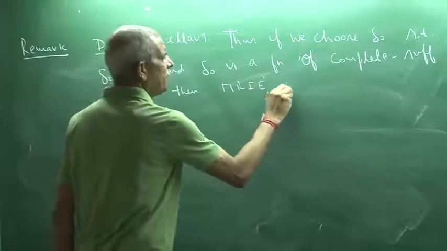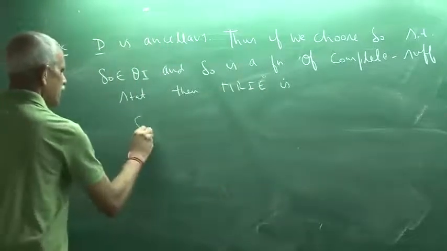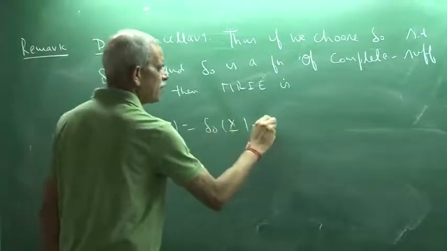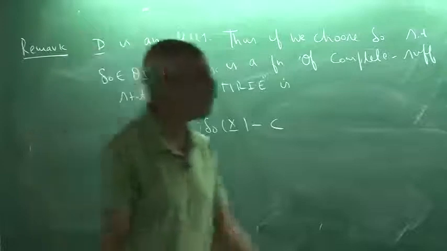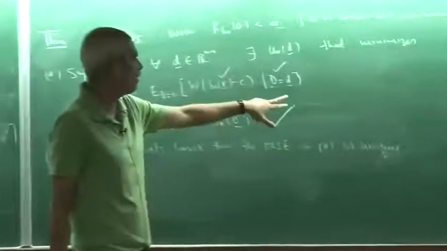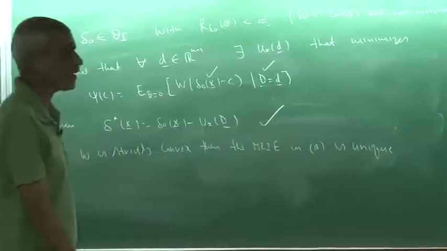MRIE delta star x is the same as delta naught x minus C, because now since the conditional distribution will not depend on D, this minimizing C will also not depend on D. So it will be just some constant.